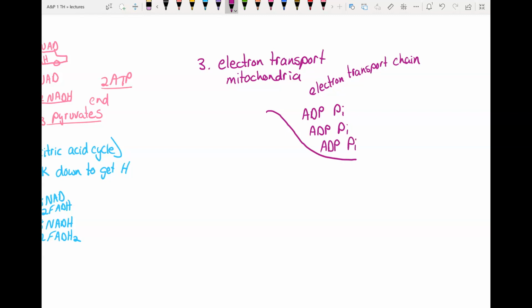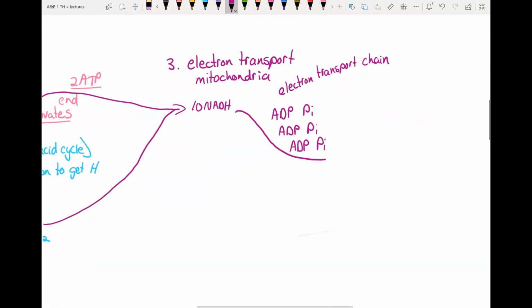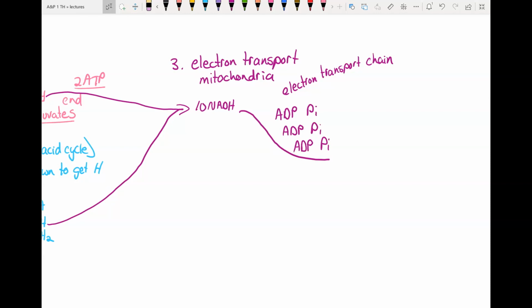This is where the carriers take the hydrogen. So we have our 2 NADH here, plus 8 NADH here. That gives us 10 NADH. That comes up here to the very top of the electron transport chain, and it drops off the hydrogen. Remember, they're like a taxi cab. They pick up the hydrogen, they take it somewhere, they drop it off.